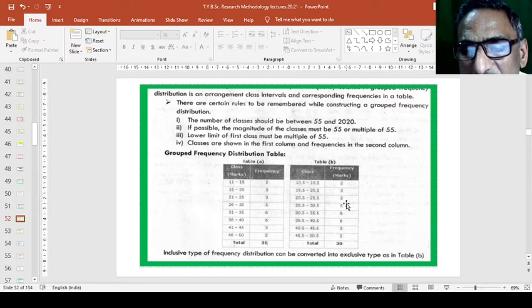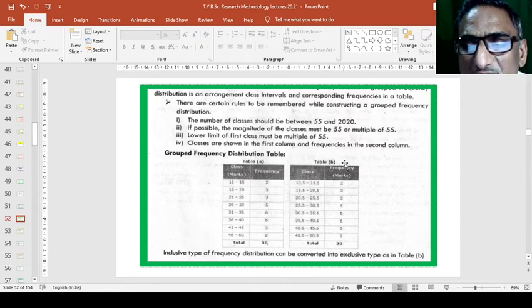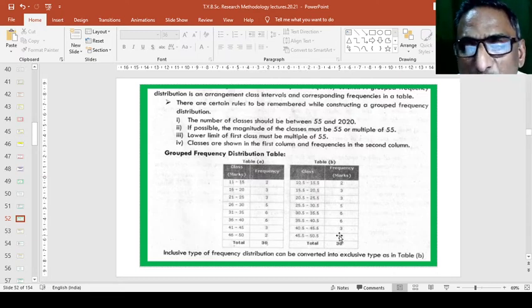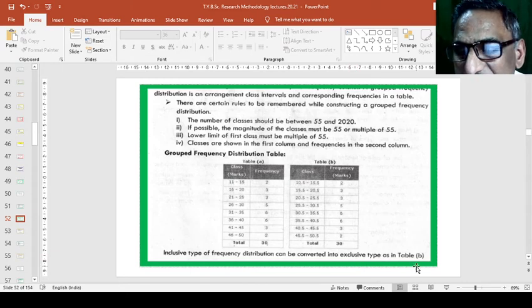So this is also 30. In this way we can construct the grouped frequency distribution table. The same classes and frequencies, but here the marks are classes in table A. The inclusive type of frequency distribution can be converted into the exclusive type as in table B.